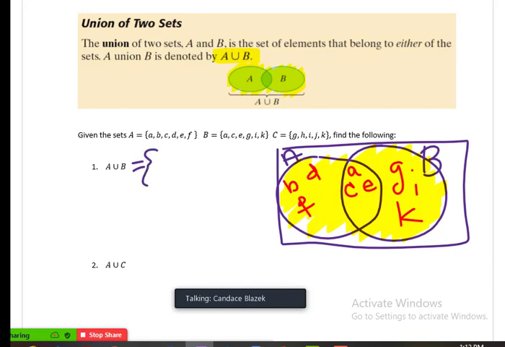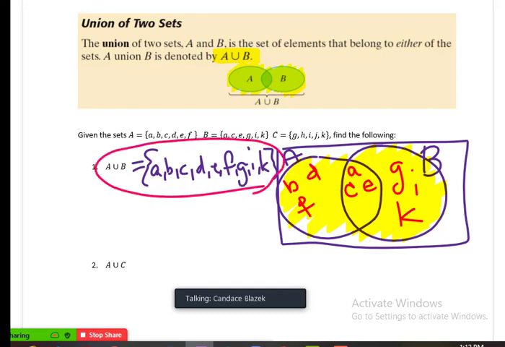So my answer is A, B, C, D, E, F. Okay, that's the whole set of A. And A, C, E, then G, I, K, and then close the set. And this piece here would be the new set, A union B. We just put all of the elements together.